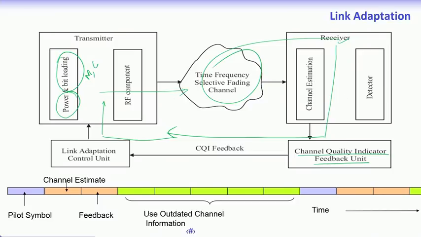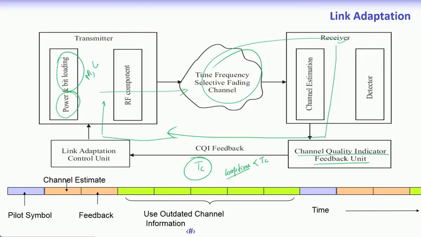This entire flow of things should happen within a duration of coherence time, right, because the channel should not fluctuate by the time the feedback has been given to the transmitter, and it uses the feedback for forward transmission. So, that means your loop time should be less than the coherence time.